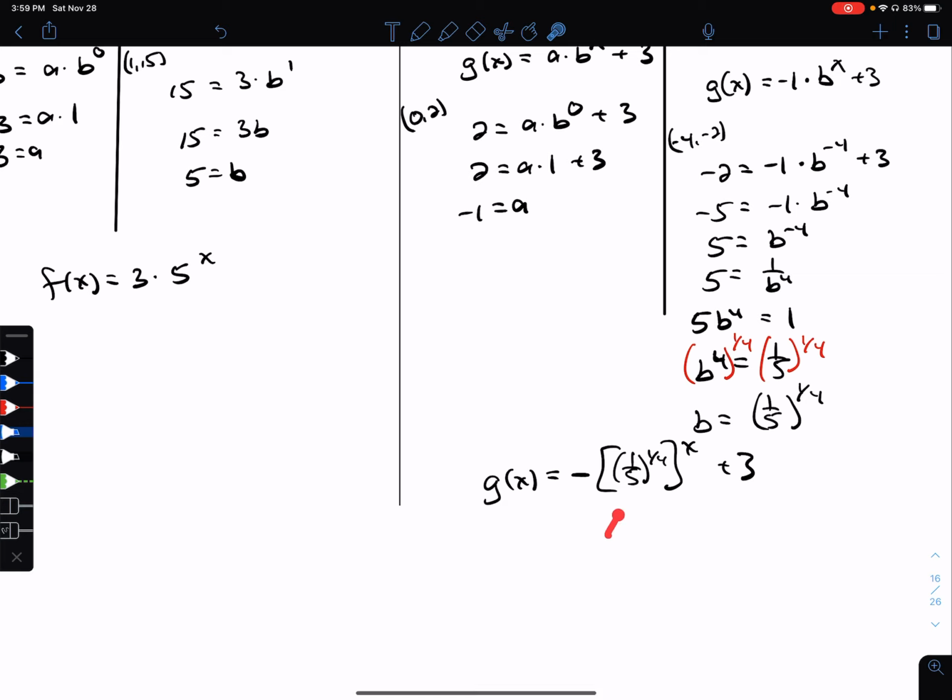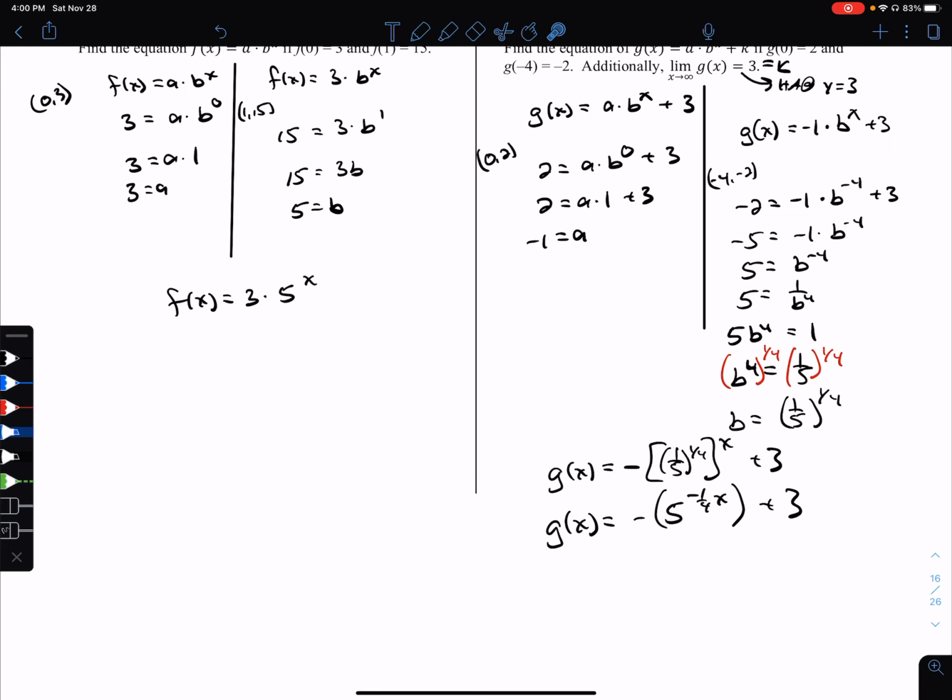Remember, we like to have our base be bigger than 1. So I'm going to reciprocate that and get 5 to the -1/4 x plus 3. Power to a power, multiply the exponents, reciprocate the base, change the sign of the exponent.